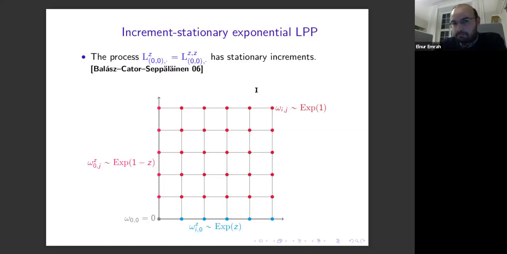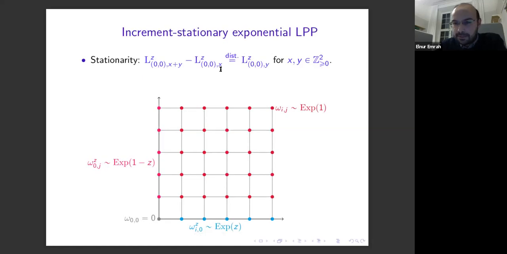The process I will be most interested in is this special case of last passage times. So I will now choose the w parameter equal to the z parameter. So the horizontal weights are exponential z, and the vertical weights are exponential 1 minus z. Then it's known that if you look at the last passage times from the origin to other vertices, this forms a process which has stationary increments.